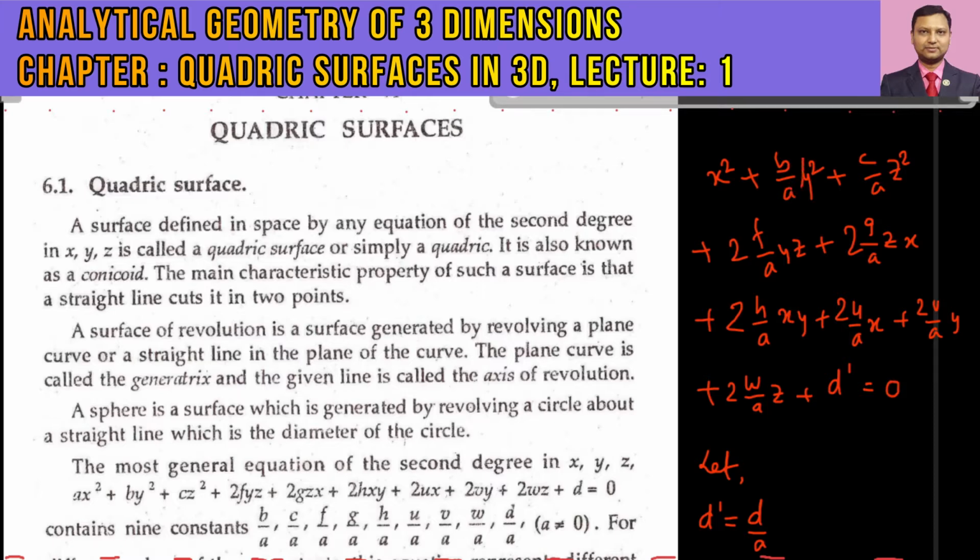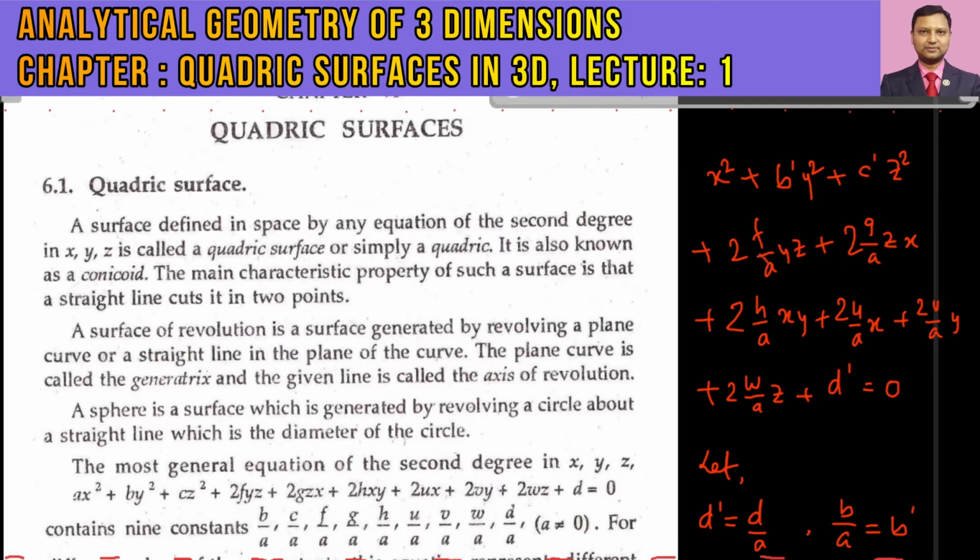Similarly, we can write the coefficient b by a as b prime, so the coefficient of y square becomes b prime. Similarly, we can write c by a as c prime, and so on and so forth.